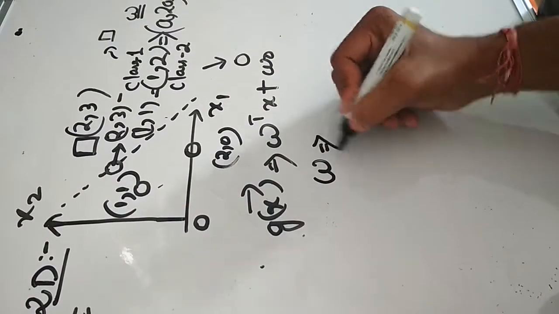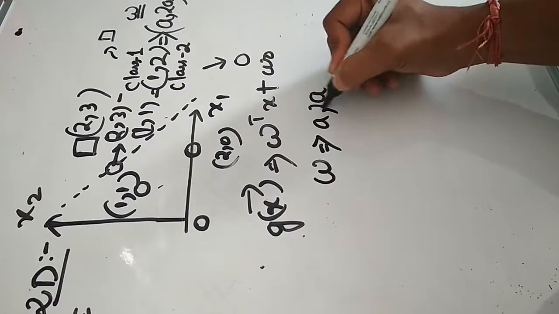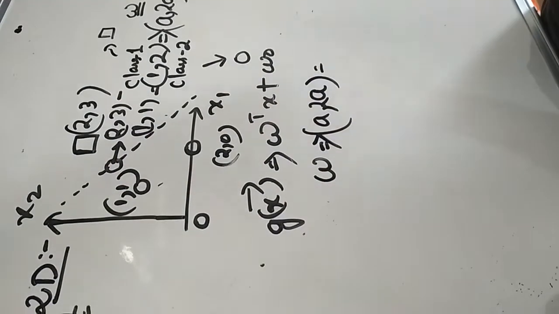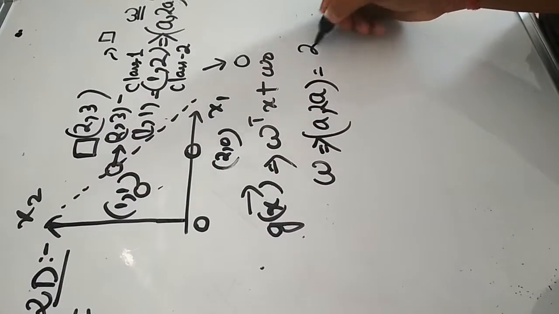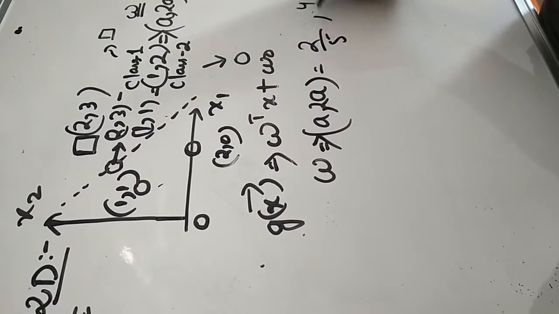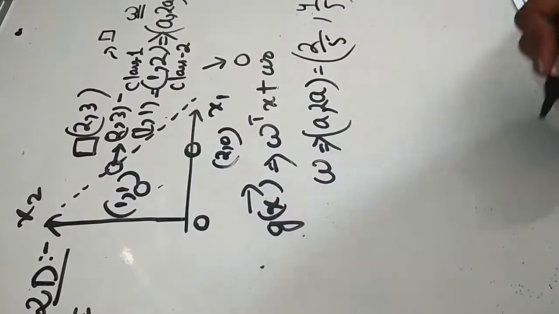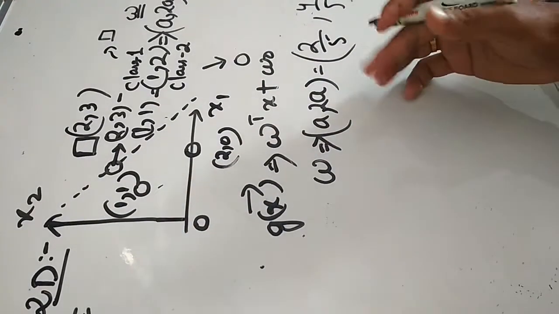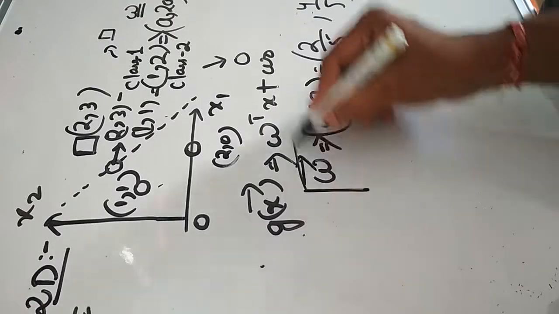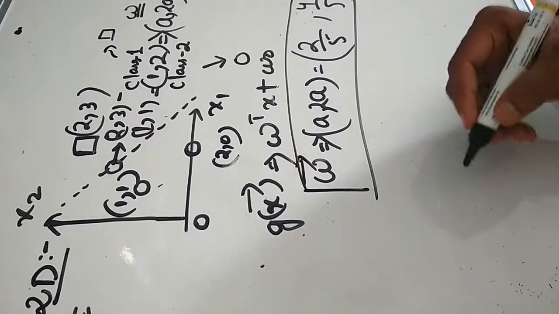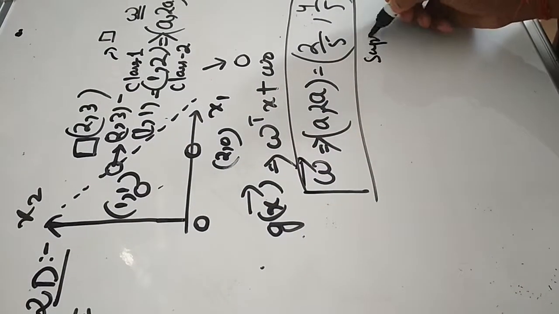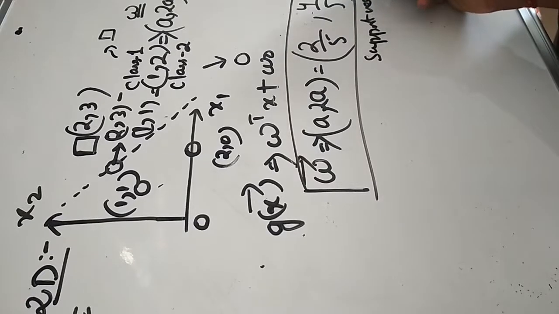W is equal to a comma 2a, so that is 2 by 5 and this will be 4 by 5. So now the weight vectors are 2 by 5 and 4 by 5. So these are called the support vectors.